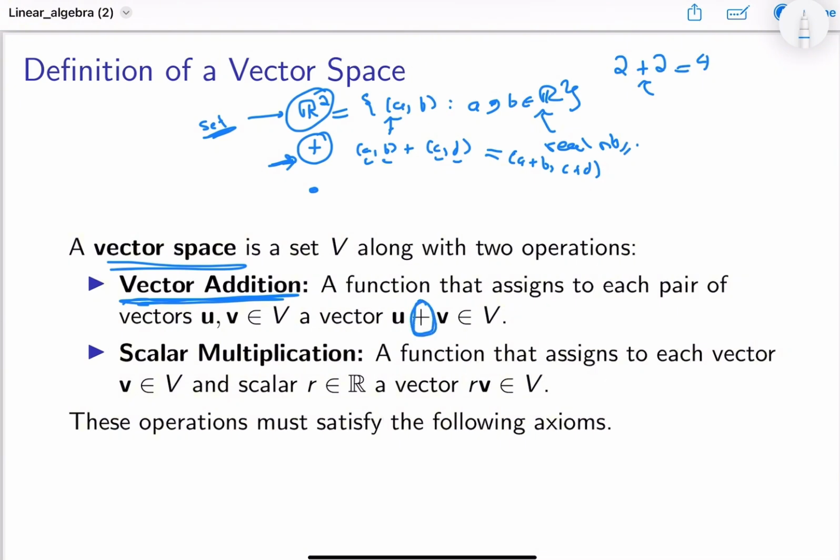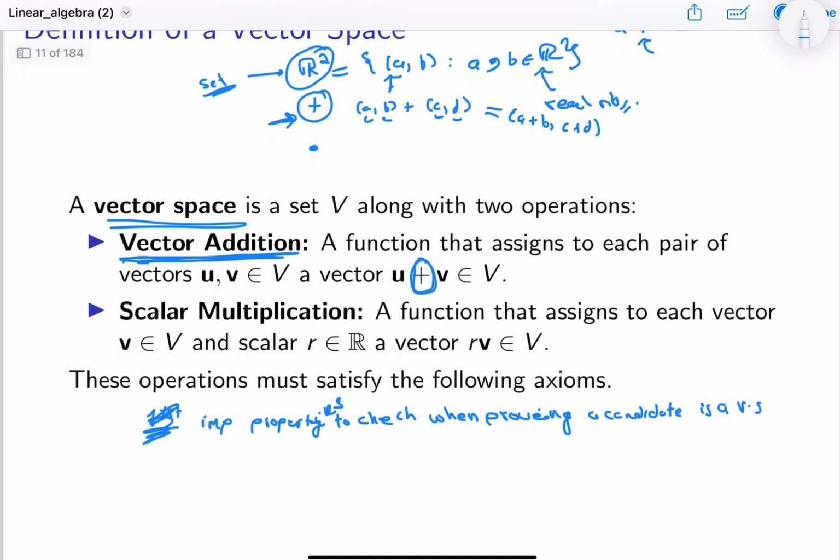And we mentioned that the first important property to check when proving a candidate is a vector space is the closure under addition.